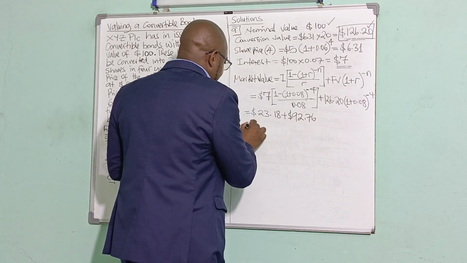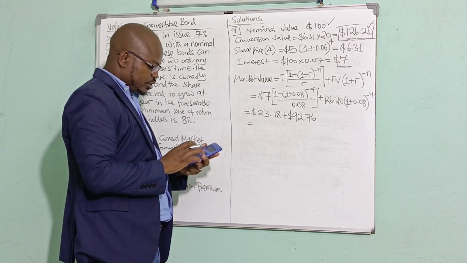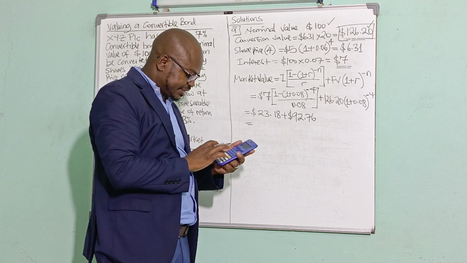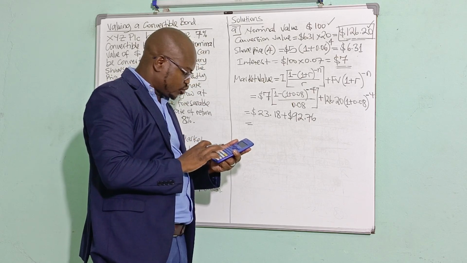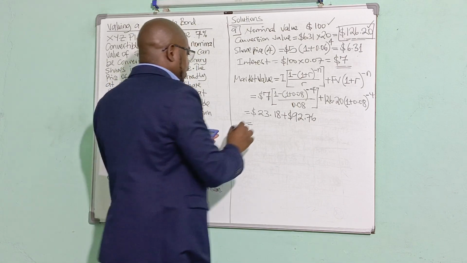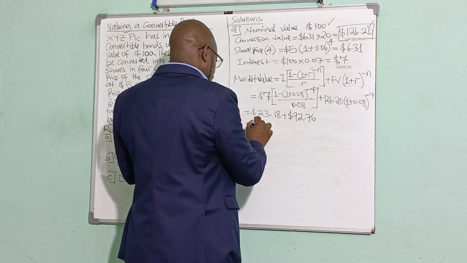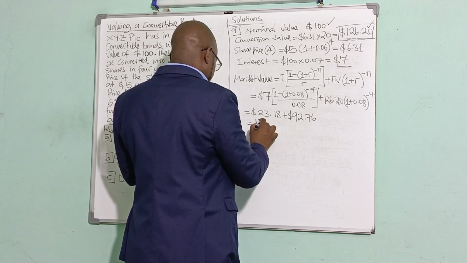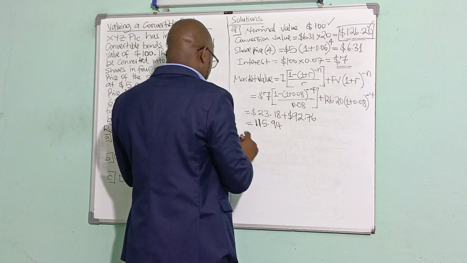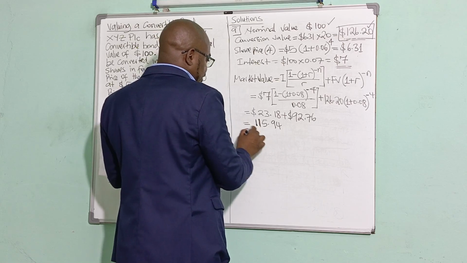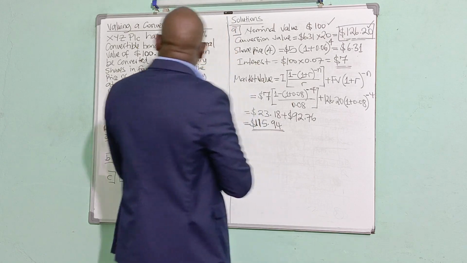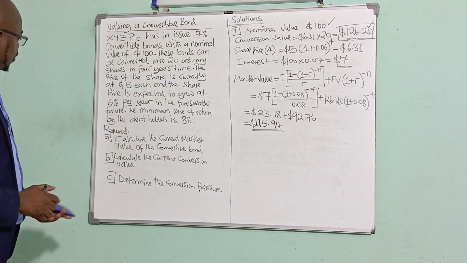And then from here now, I'm going to add the 2 there. 92.76 plus 23.18, and then I have 115.94. All right, this is the current market value of the convertible bond. So that's the current market value.